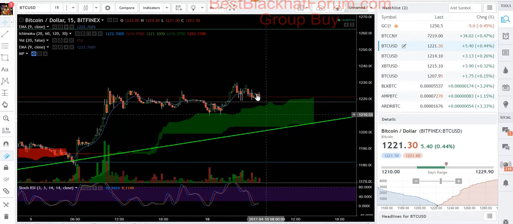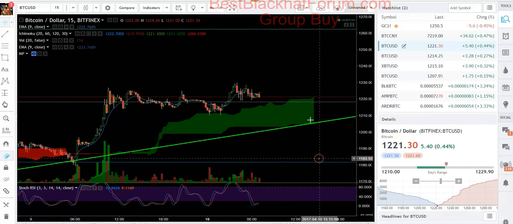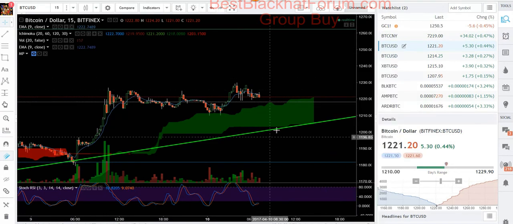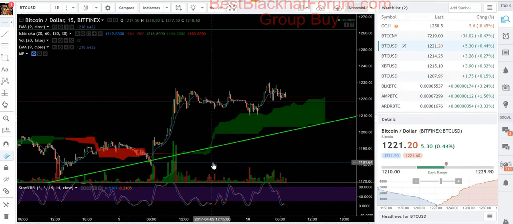So here, we've been respecting this 15-minute cloud. Okay, we're actually above this line right here, this white line, which is part of our Fibonacci on the higher time frame, meaning that this was our 78.6 right here, this is our 88.3, and this is our 100% right here.